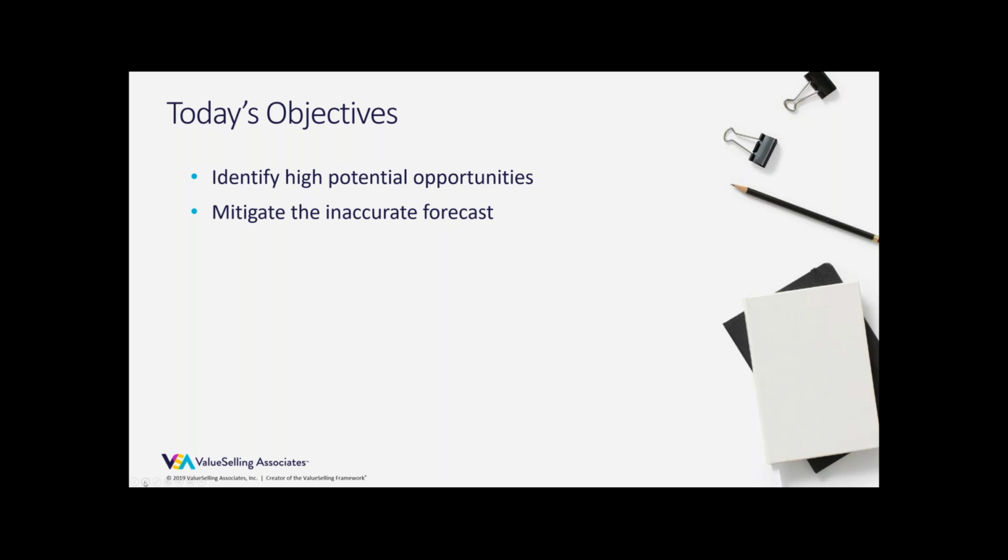We're going to talk about some techniques to mitigate that inaccurate forecast. How do we identify and make those commitments to our management, have the credibility that we have a handle on the business in our pipeline to accurately forecast and predict when this business will actually close?